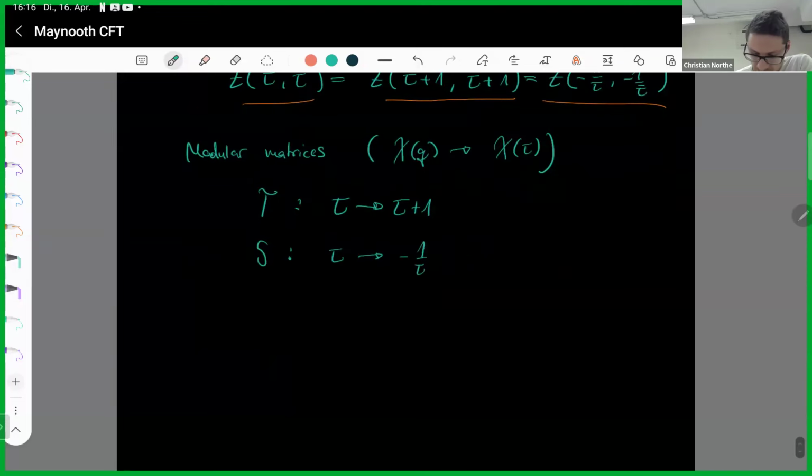And they have an action. You can also think of them as acting on the characters. Their action is really just that the characters are transforming in representations of these, so they span their own group, which is called the modular group.